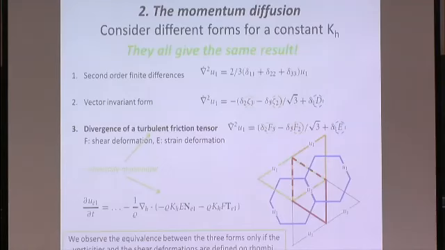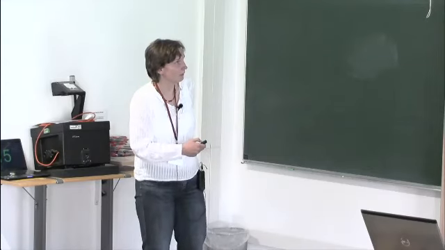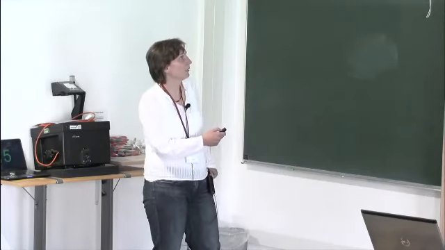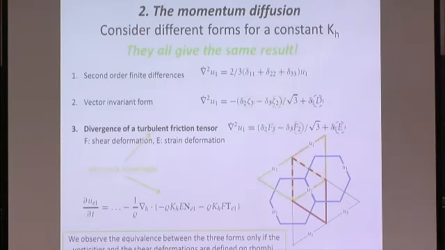Let's consider the momentum diffusion. As I said, if I take the vector invariant form of the vector Laplace, I have to use the vorticities here and the divergence here. I can also take second order finite differences by just taking 1 times the outer values and minus 6 times the inner value.